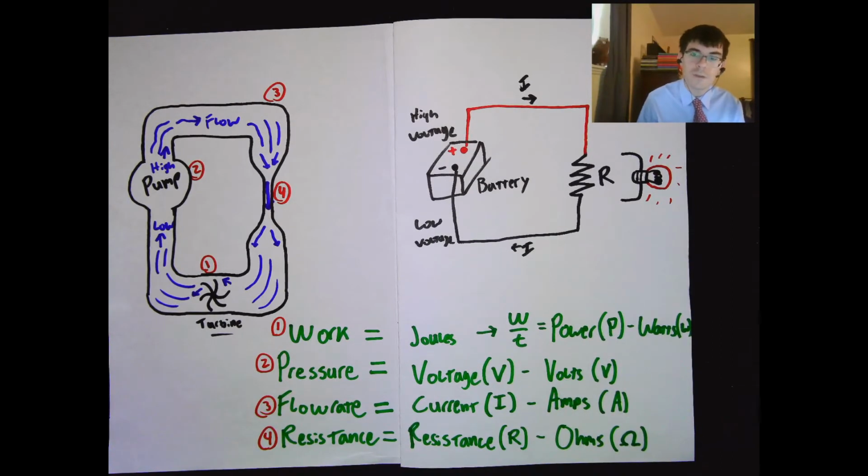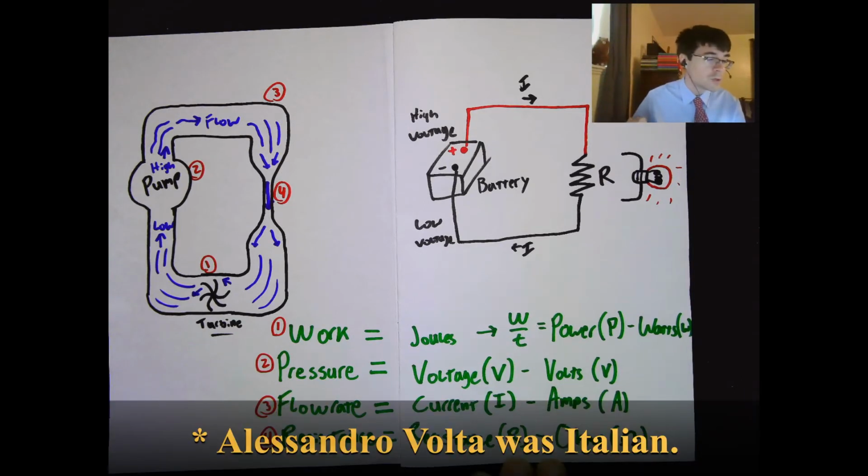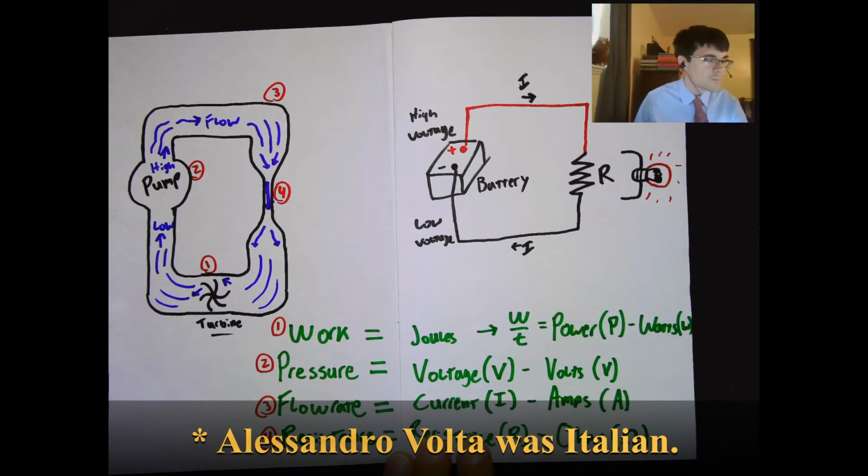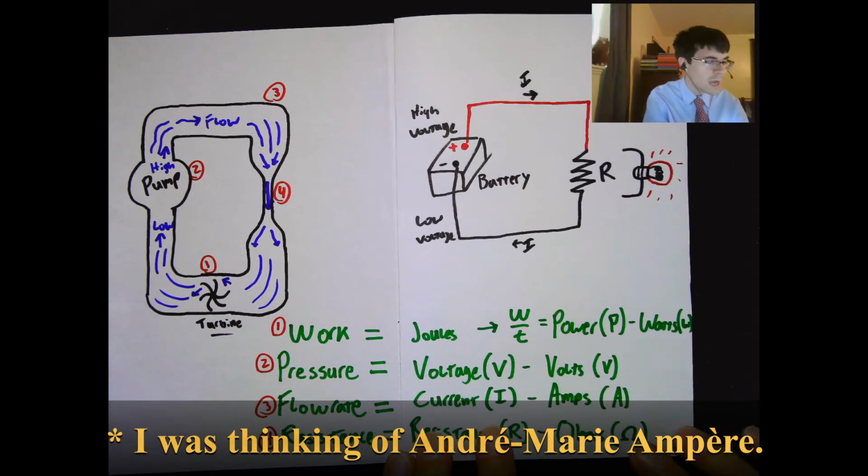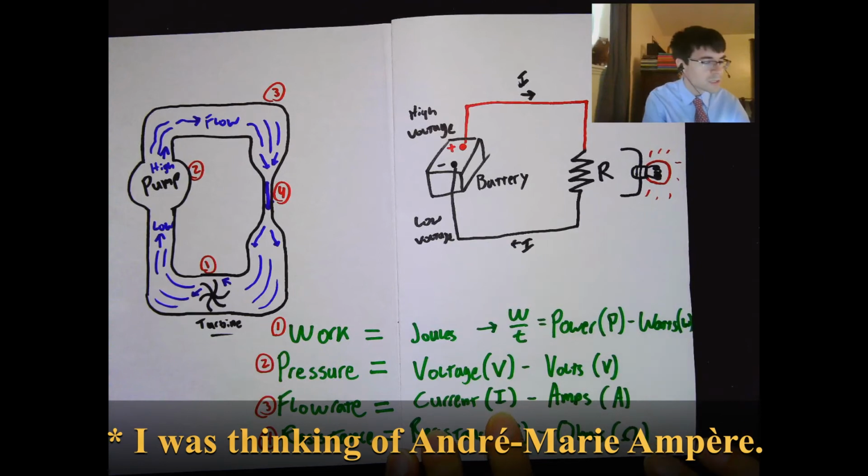Intensité du courant is the term for current in French. Intensité starts with an I. They were some of the first ones, for instance, Volta, to work on electricity and to really push us forward into the equations that were used. So as a result, we take their symbol for current, which is an I.